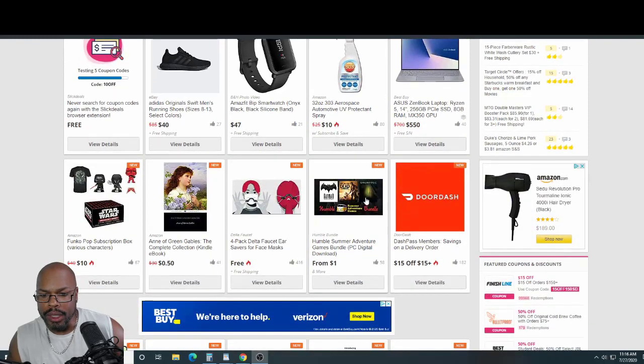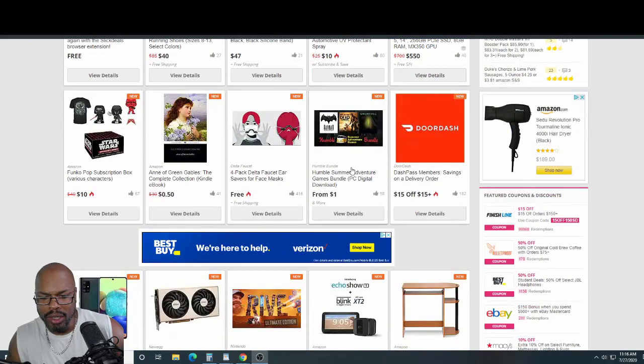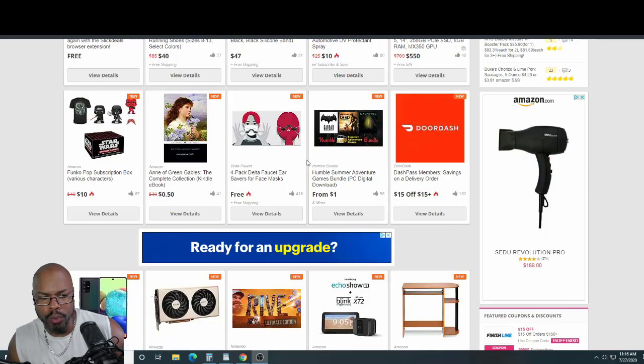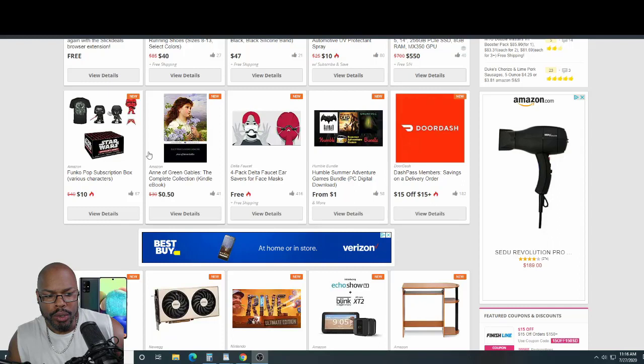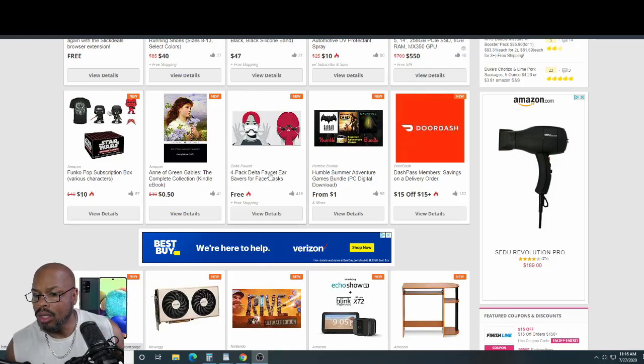And so what you're doing is sort of just looking among different categories at what you might want to deal in. And you might see, for example, this would not be one that we're looking at because that's Amazon. But if you were selling Funko and you see something selling for $10 marked down from $40, that's a big enough price difference that you might want to look a little further.